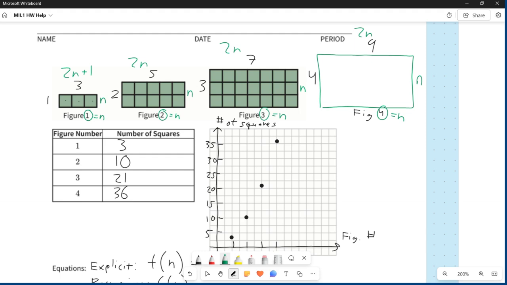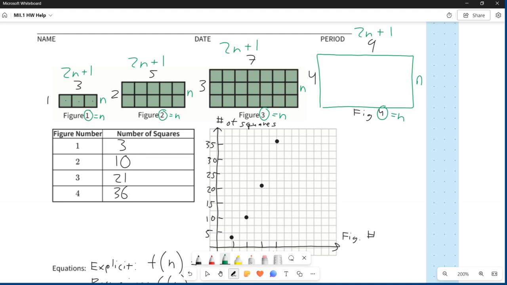For figure 2, if I let n equal 2, I get 2 times 2, which is 4, but I need to add 1 more to get the 5 that I want. For figure 3, if I let n equal 3, I've got 2 times 3, which is 6, but I have to add 1 more, giving me 7. And for figure 4, if I let n equal 4, 2n is 8, which means I need to add 1 more to get the 9.